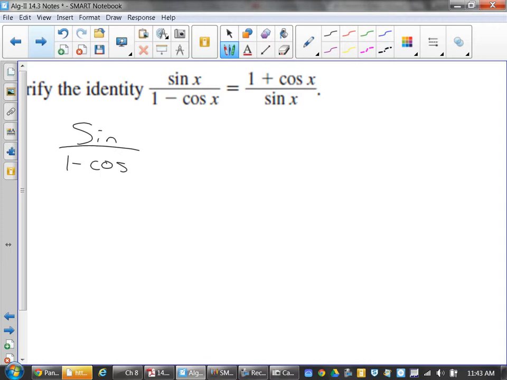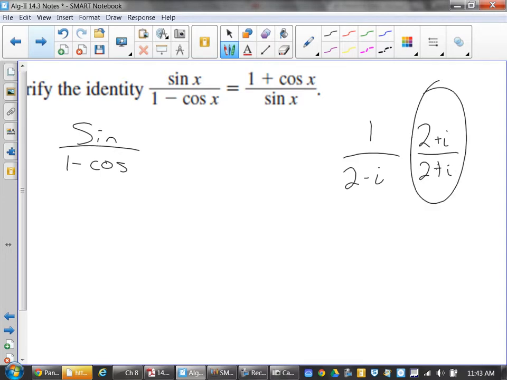Here's another way of getting rid of stuff. One of the things we've learned so far this year to help simplify fractions is multiplying by conjugates. You did this with imaginary numbers. How would you get rid of the imaginary in the denominator? We multiply top and bottom by 2 plus i, because you multiplied by a factor of 1.